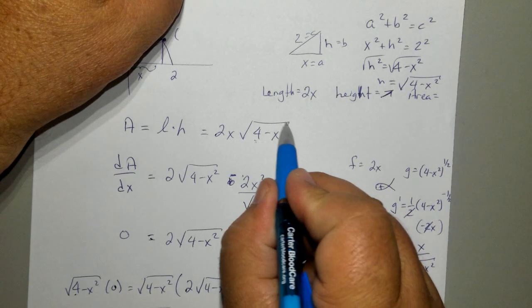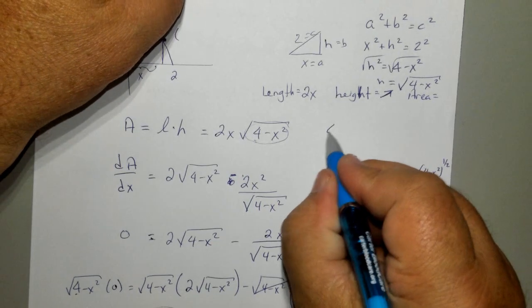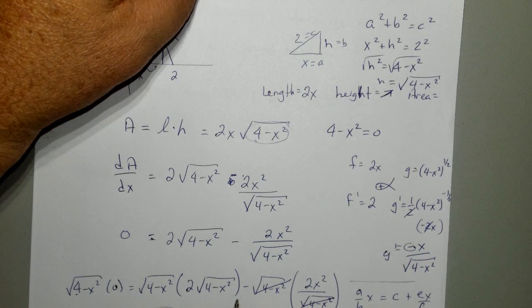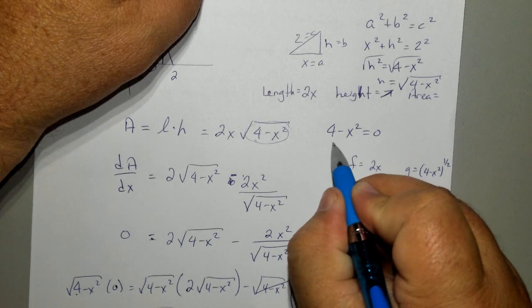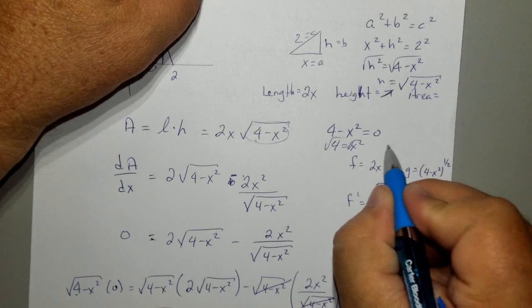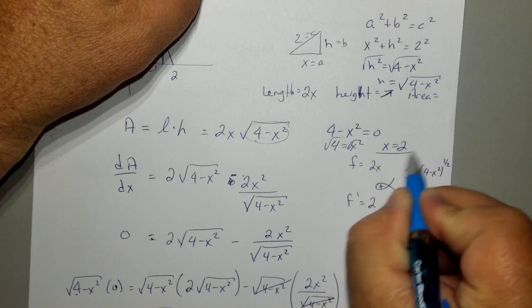So what we have to do is take this number, set it equal to 0. 4 equals x squared, square root both sides, so x equals 2.